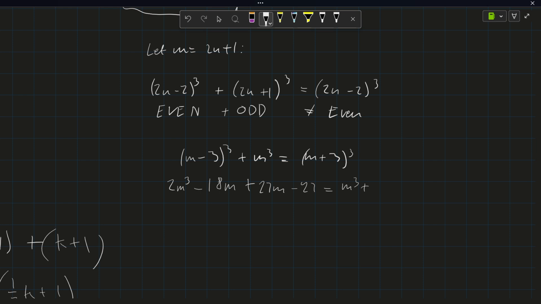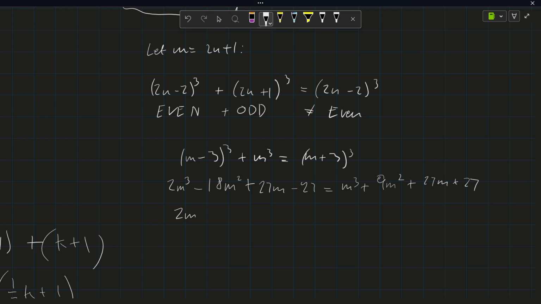I feel like I'm doing something. 3 times 3 is 9. Yes. I've done something, can't tell. Either way, this wouldn't really matter because I can still factor out.